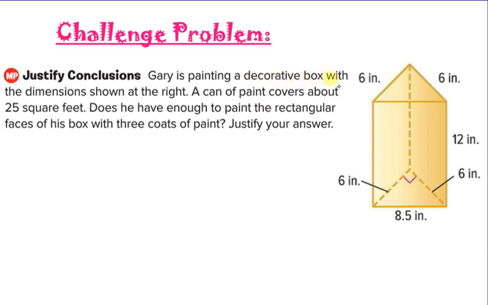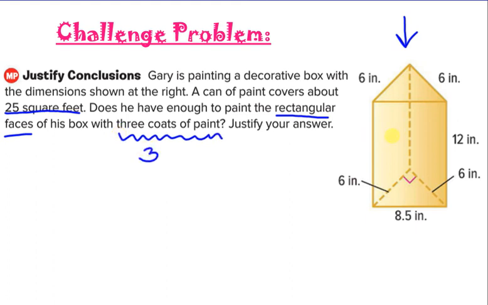Gary is painting a decorative box with the dimensions shown over here. So these are the dimensions of the box. A can of paint covers about 25 square feet. Does he have enough paint to paint the rectangular faces of his box with 3 coats of paint?